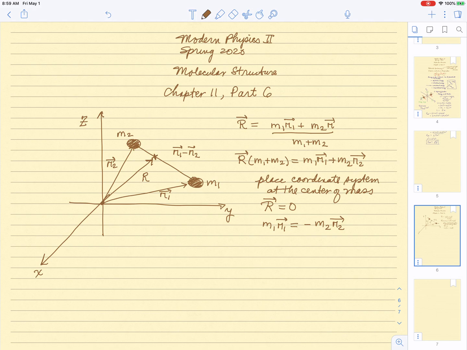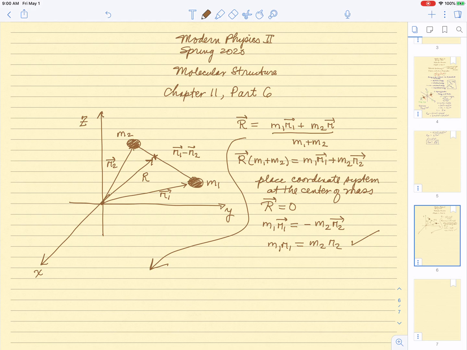But looking at magnitudes of vectors, then this would be M1 R1 is going to be equal to M2 R2, and that's what's stated in your textbook. But that's a little vague, and so let's work from my equation first, and let's proceed with the derivation that way.